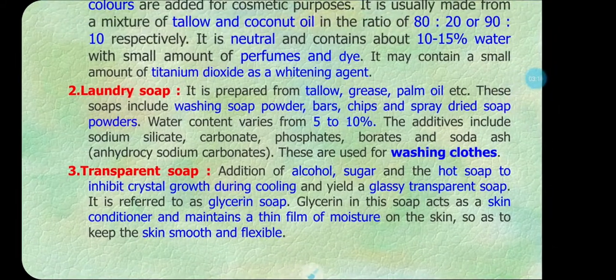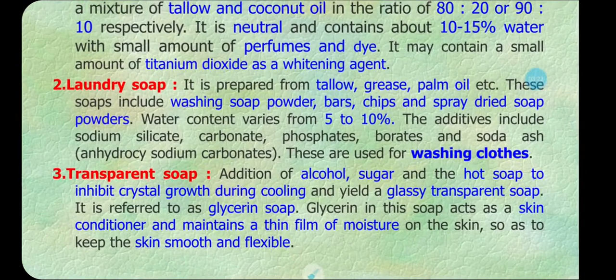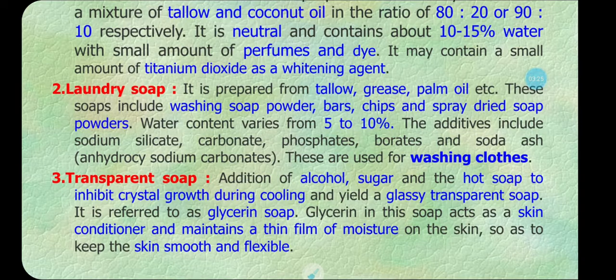The third class is transparent soap. This soap is generally used for moisture maintenance, that means it is generally used in the winter season. Alcohol, polyhydroxy alcohol, and sugar are added to hot soap to inhibit crystal growth during cooling and yield a glassy transparent soap.